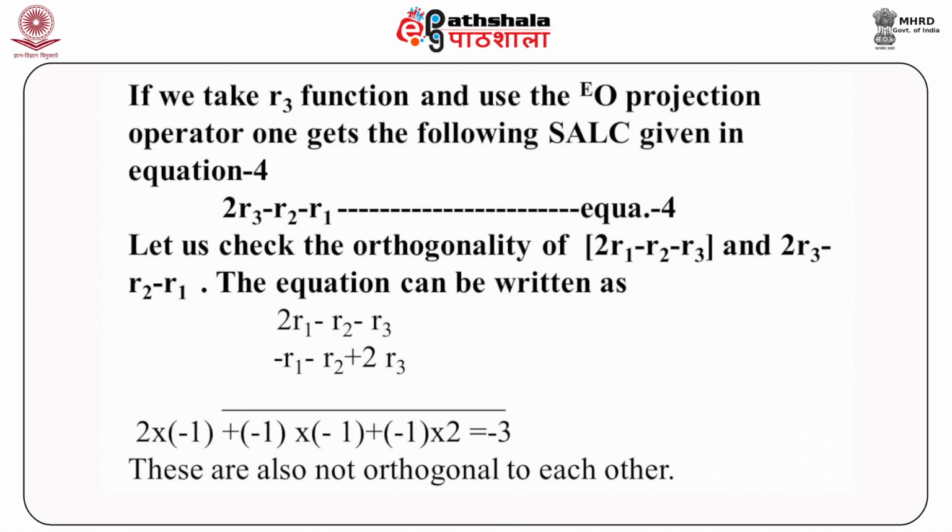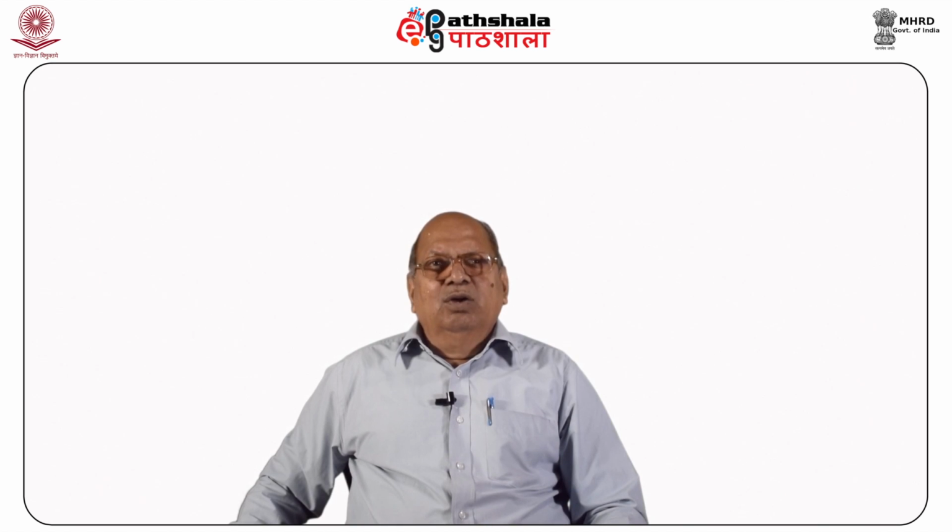This can be written as 2R1 minus R2 minus R3, minus R1 minus R2 plus 2R3. And what is the result? It is not equal to 0. These are also not orthogonal to each other. Now, how do we find a SALC which belongs to E symmetry and is also orthogonal to the other SALC? There is no simple method to get the third SALC of E symmetry in the C3v point group.